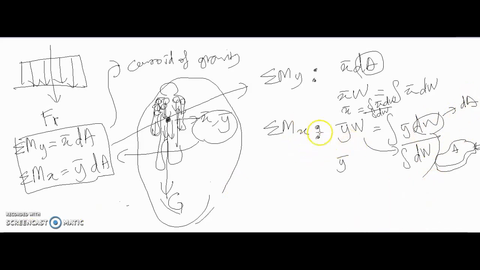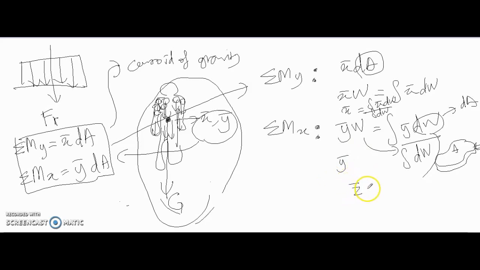One more thing, if your object is in 3D and you want to find the location of the center of gravity, you will also have the coordinate for axis z, z bar.